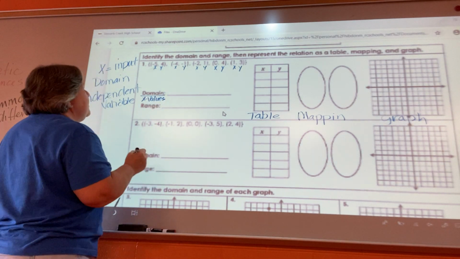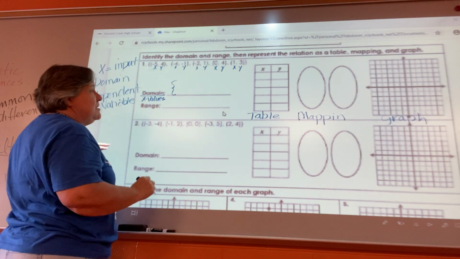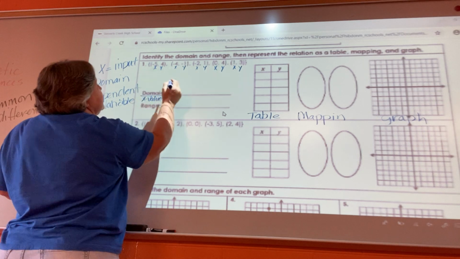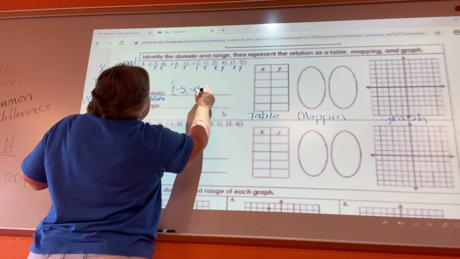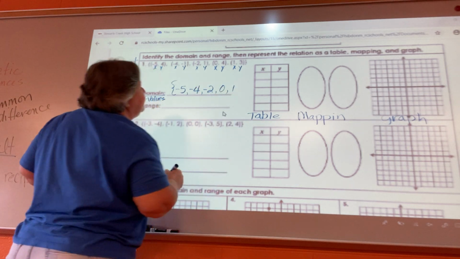So for the first one up here, I'm going to put this in set notation. So this is -5, -4, -2, 0, and 1.